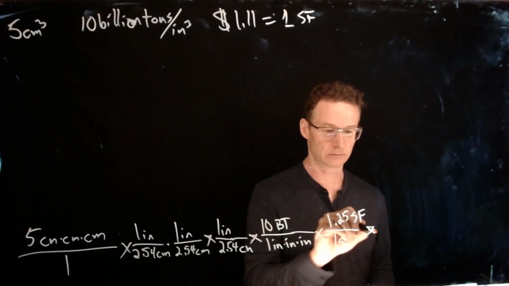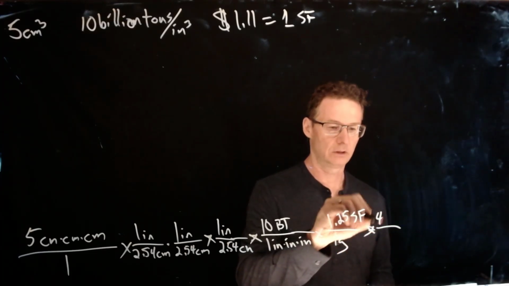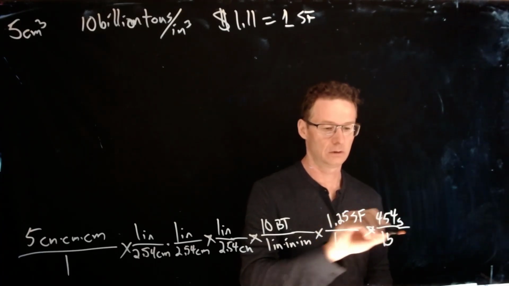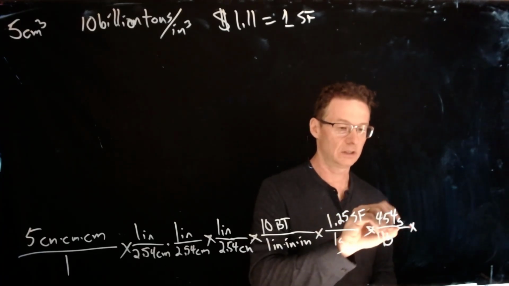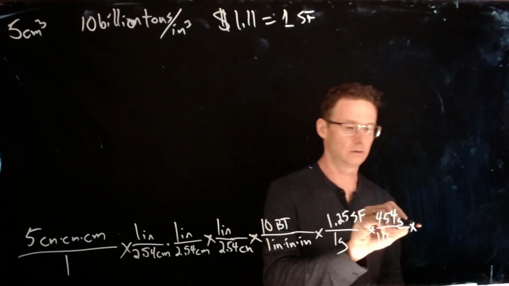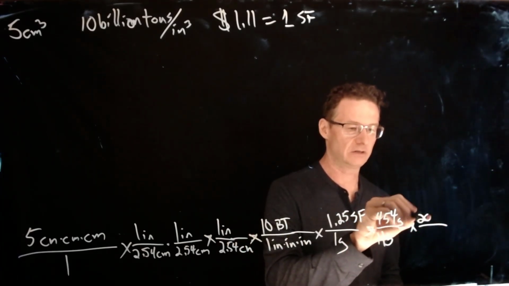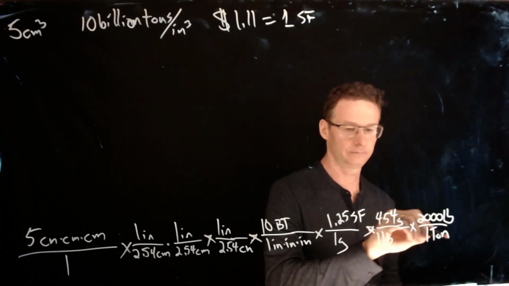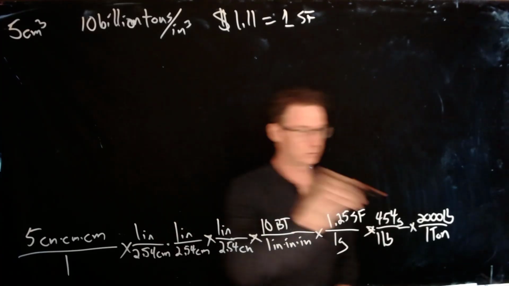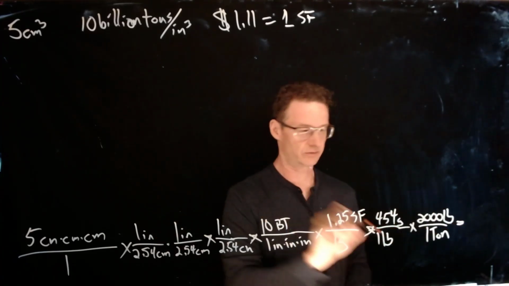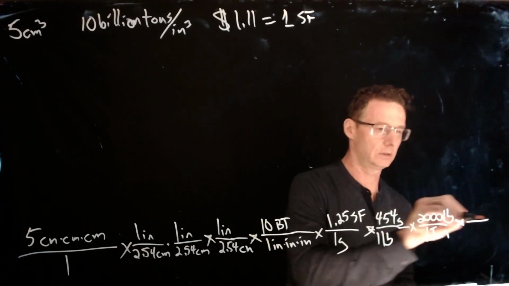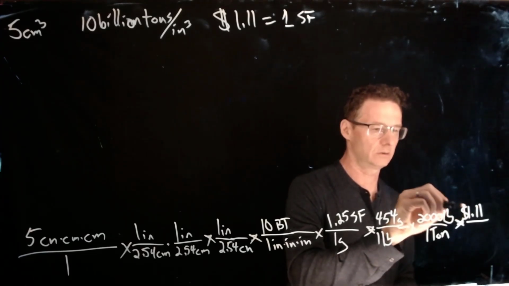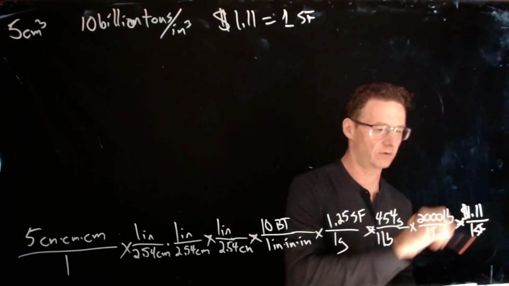We have to convert our grams to pounds. And then we're going to convert tons to pounds. So 2,000 pounds per ton. And we also need to convert our Swiss francs to US dollars. So $1.11 for every 1 Swiss franc.